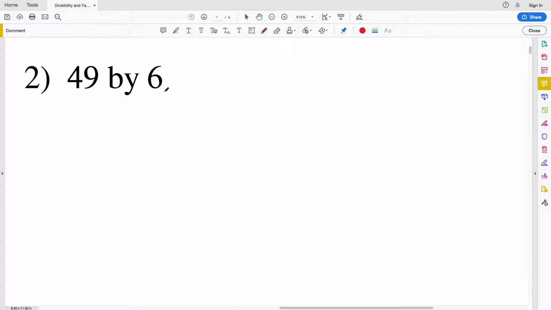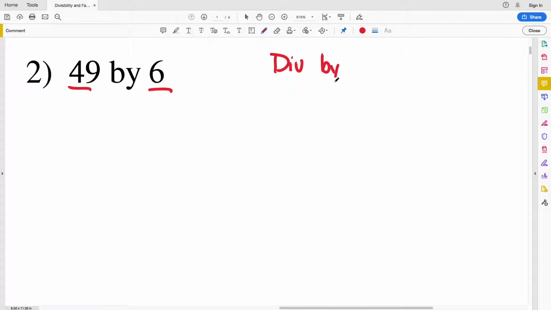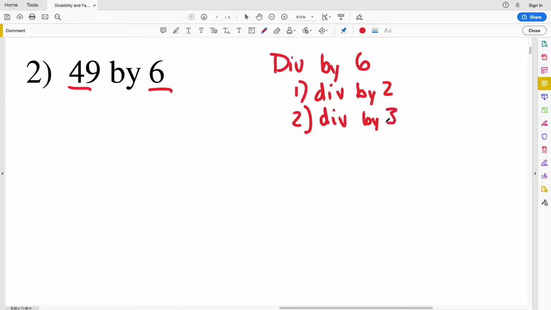In number 2, it asks if 49 is divisible by 6. In order for a number to be divisible by 6, so I'll just write this as div by 6, it has to be divisible by 2, and it also has to be divisible by 3. Now I'll go over divisibility by 3 in a few minutes.